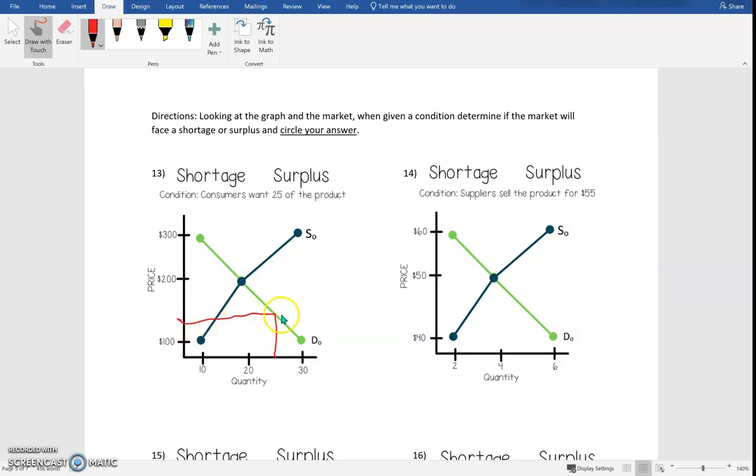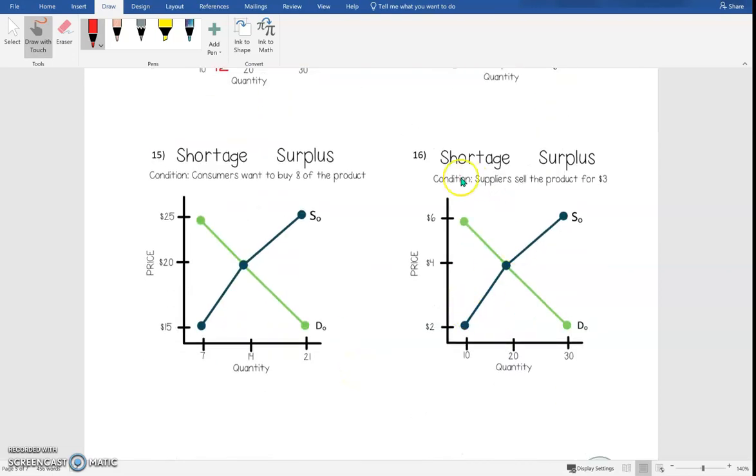It's set at this price. But anyway, at that price, the suppliers are only willing to supply 12 of that good, okay? At that price I have more demand than I do supply. So that gives me a shortage.